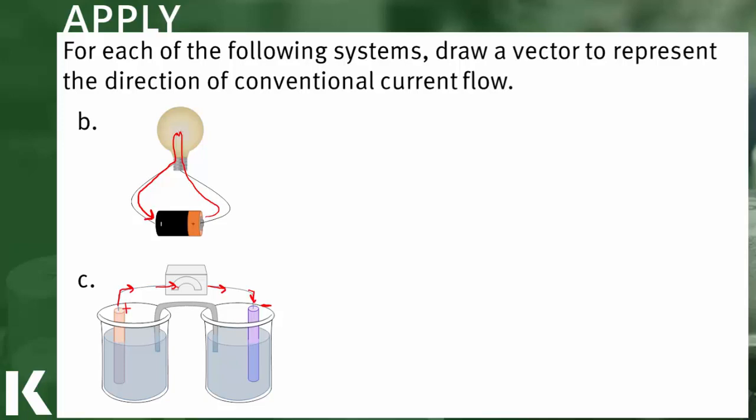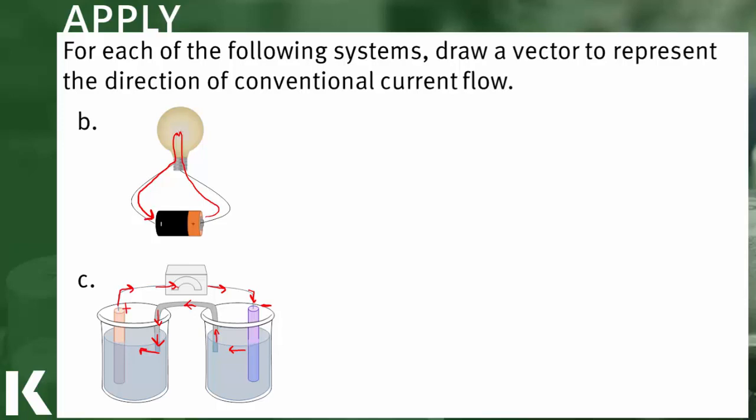And then in solution, the ions would likewise be flowing in a way that positive ions would be flowing this way. And notice this makes a complete loop, which we know we have to have in order for a circuit type flow.